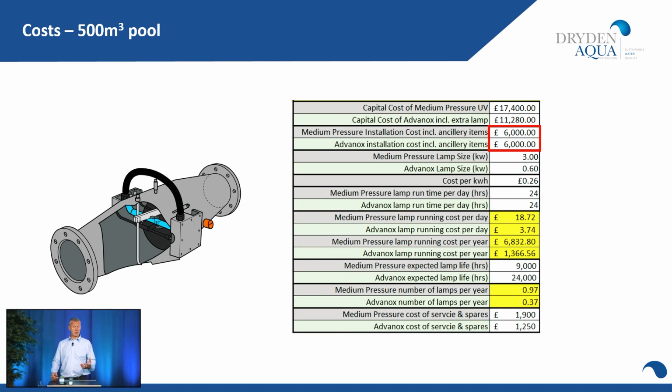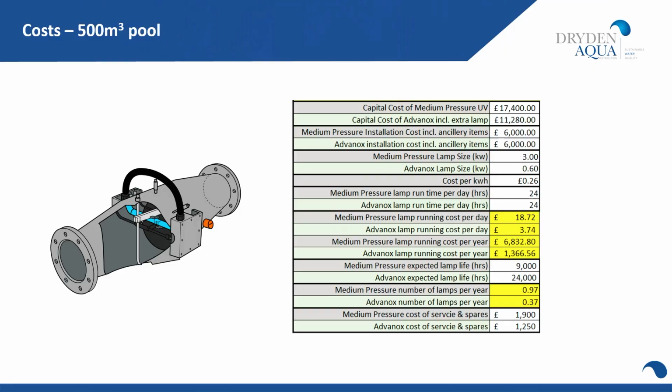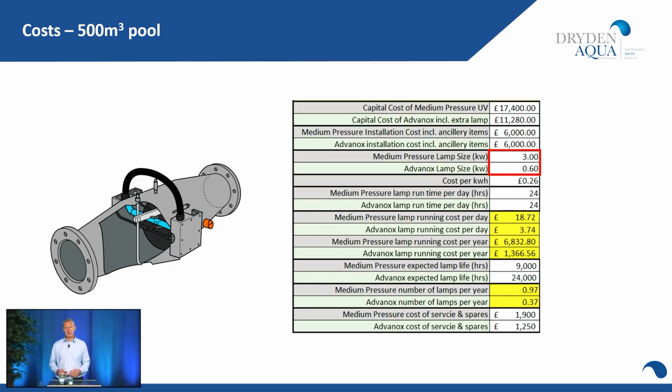If we use PVC fittings on a medium pressure UV, then they obviously get destroyed by the intensity of the medium pressure wavelength. The size of the lamp differs between the two. So with the medium pressure lamp, we're looking at a 3 kilowatt lamp compared to a 600 watt lamp for the Advanox system. So this really starts to paint a picture of how we're saving energy with this system.